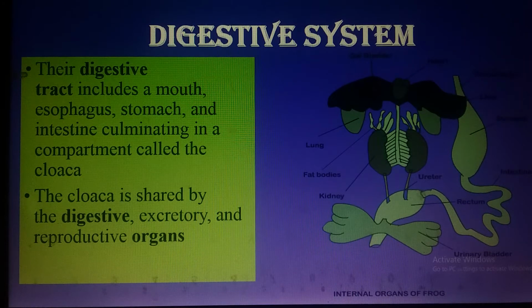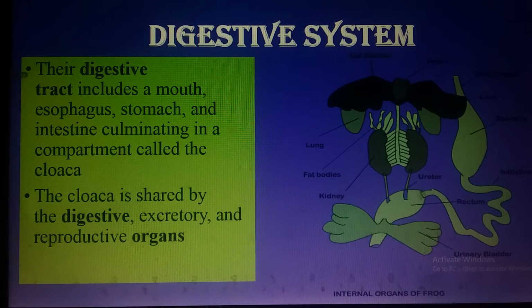The cloaca plays a very important role because it is shared by digestive, excretory and reproductive functions. Is it clear? Excretion takes place through this cloaca. Digestive material, meaning waste material, passes through this, and also it is a reproductive organ. Is it clear?